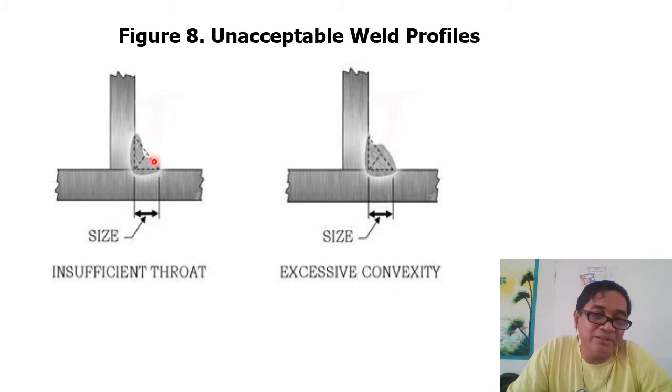So right here, if you try to see, it's the boundary of the right angle, the dash right angle. So there is an undercut in between, so it's insufficient throat. You have very excessive convexity, in which there is an excessive convexity, the C, and there is also partly undercut on the upper end.